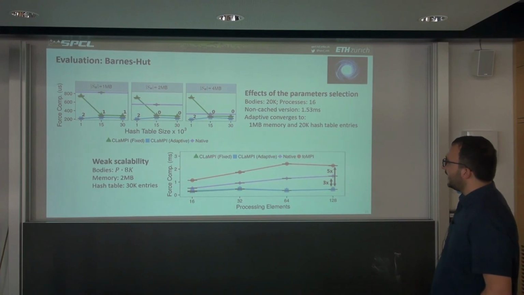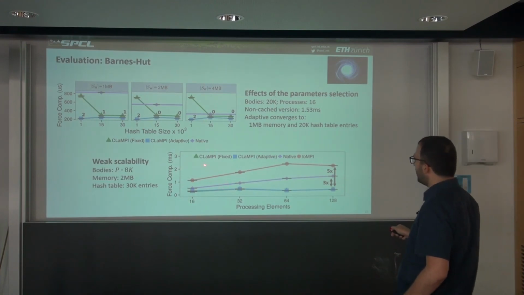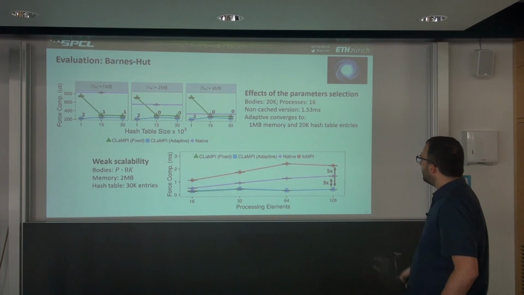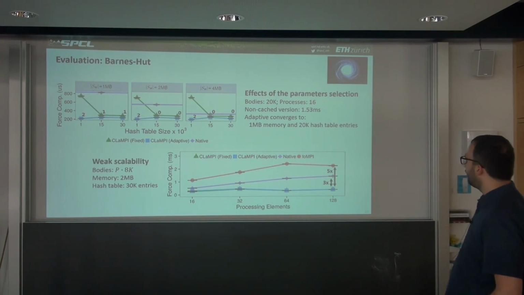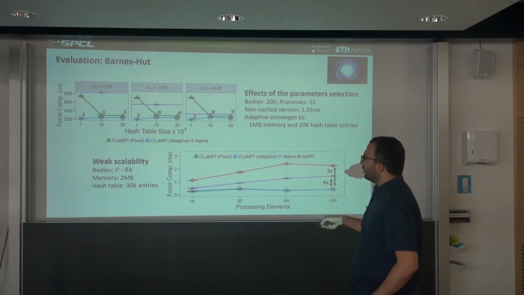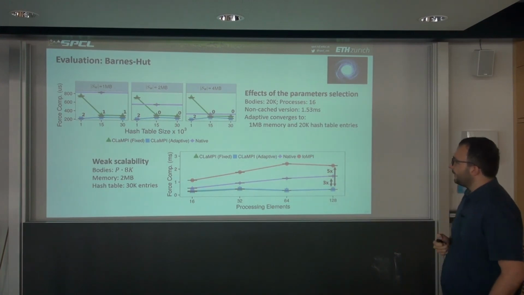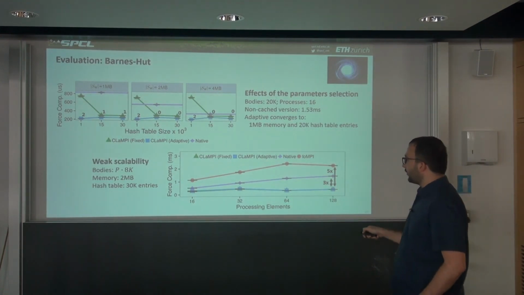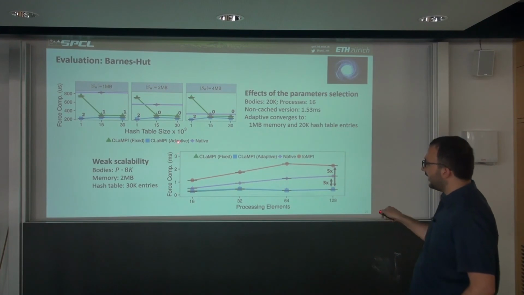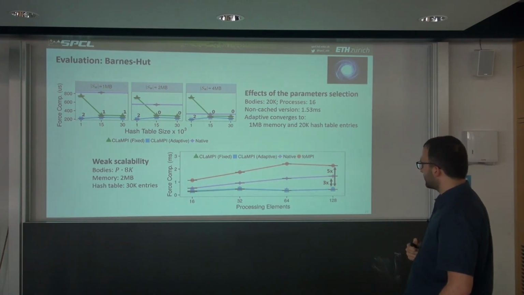Finally, we show a weak scaling experiment, which compares CLaMPI fixed and adaptive with native and FOMPI. In this second part we show the weak scalability experiment, where we vary the number of processing elements, and we show the force computation again as a function of this number of processing elements.